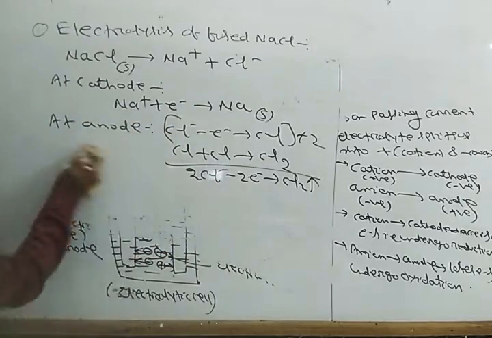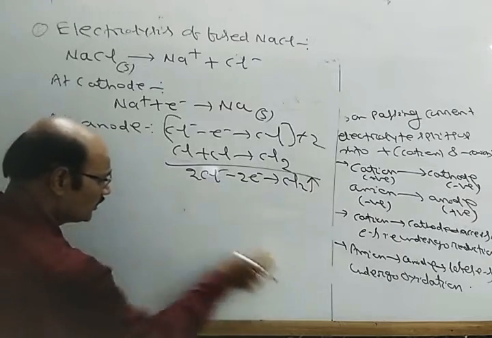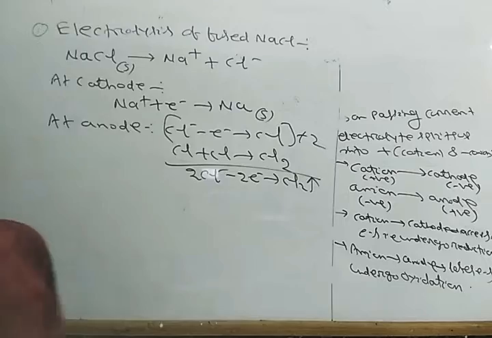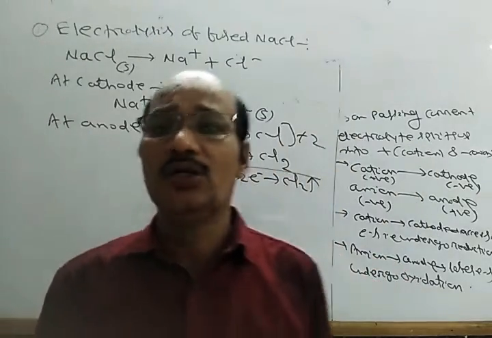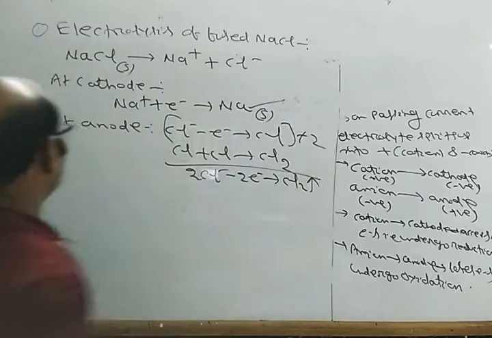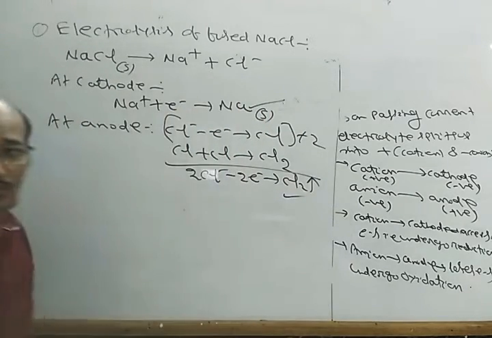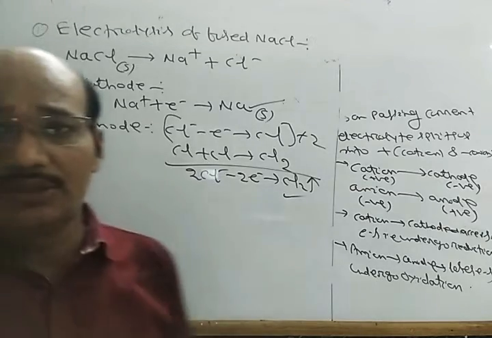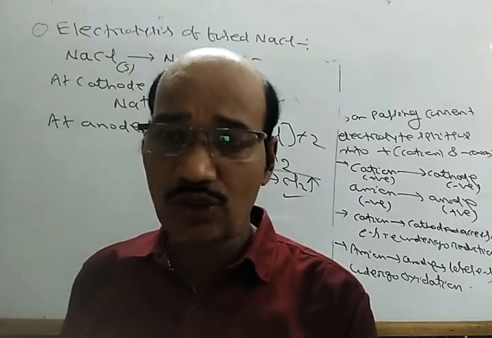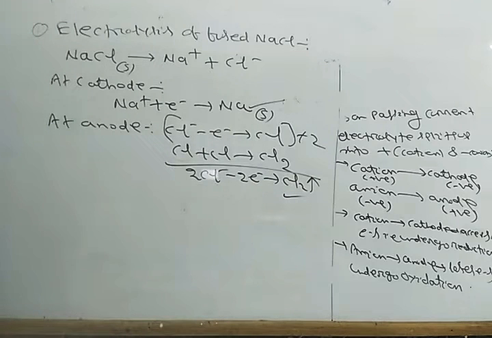So when we are doing the electrolysis of fused NaCl, we get sodium atom at the cathode and chlorine gas at the anode. The chlorine gas will be liberated at the anode and sodium will be deposited at the cathode.